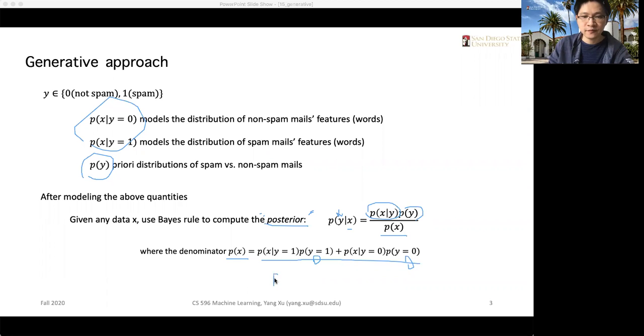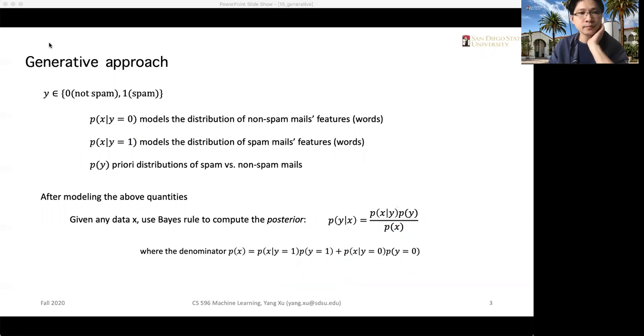If p of y equals 1 given x is greater than the probability of y equals 0 given x, then we can conclude that it's more likely to be a spam. So the p of x in the denominator does not necessarily require our computation. Okay.